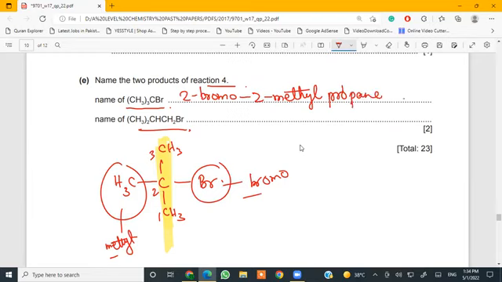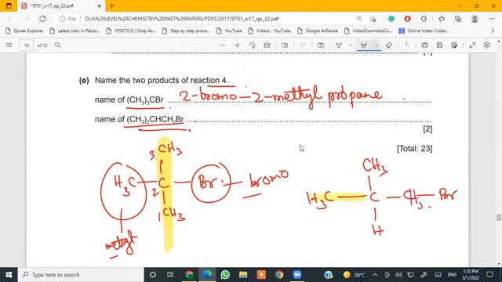And then the last one, again, you need to open up the chains. So carbon, carbon, this is bromine, and this carbon has 2 methyl groups. Again, identify the longest continuous carbon chain. In this case, you've got 1, 2, and 3 carbons. So 3 carbons in the straight chain, and there is a methyl group on the second carbon.